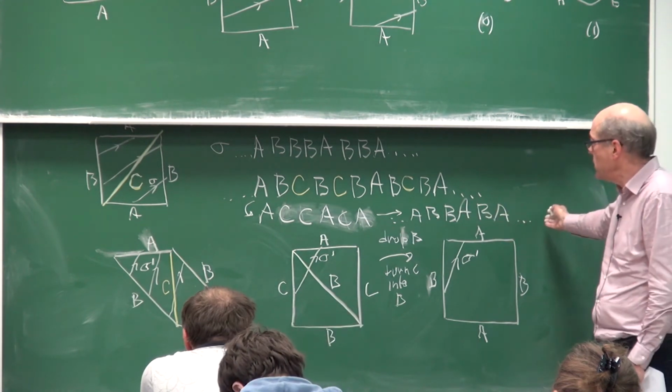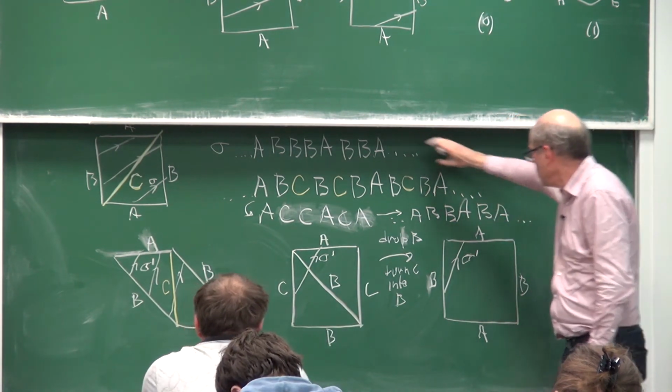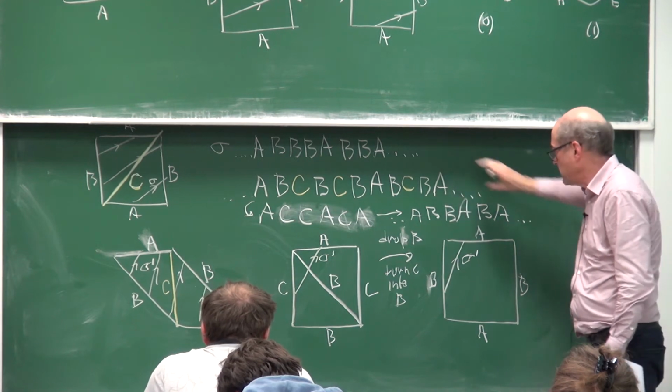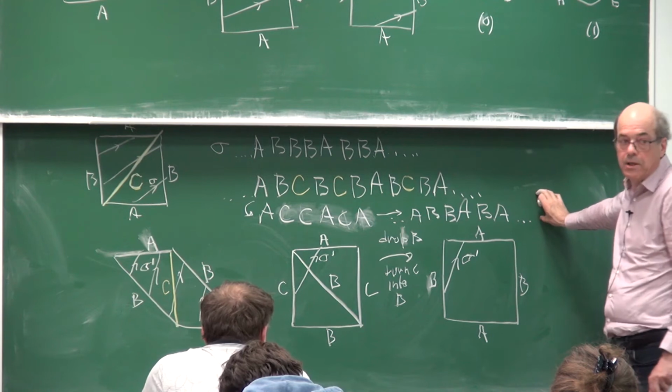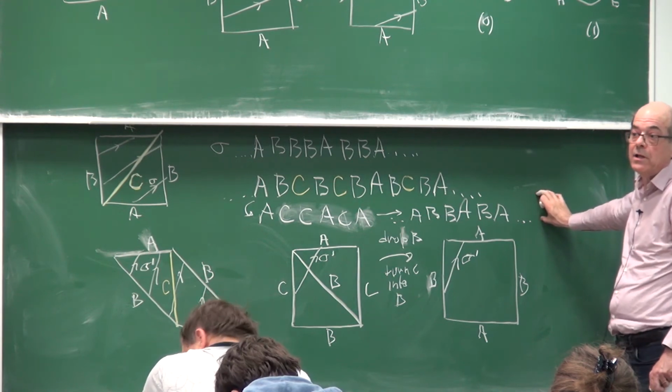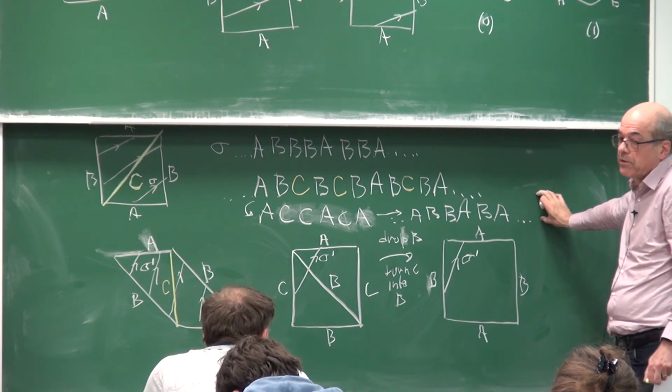Hence this new sequence, which I've attained from the old sequence by some symbolic transformation, will again be admissible. It will again correspond to a billiard path.